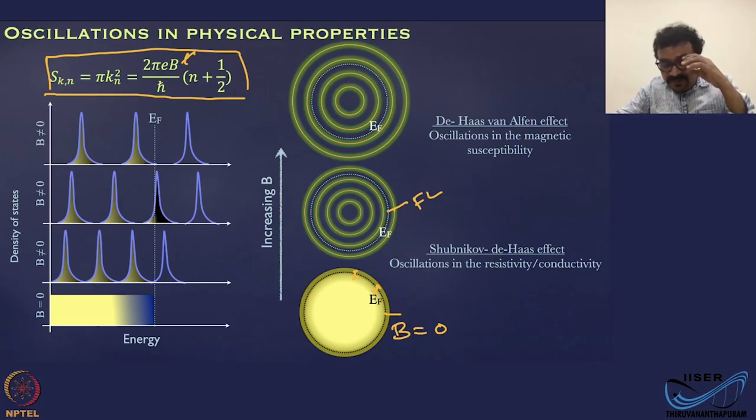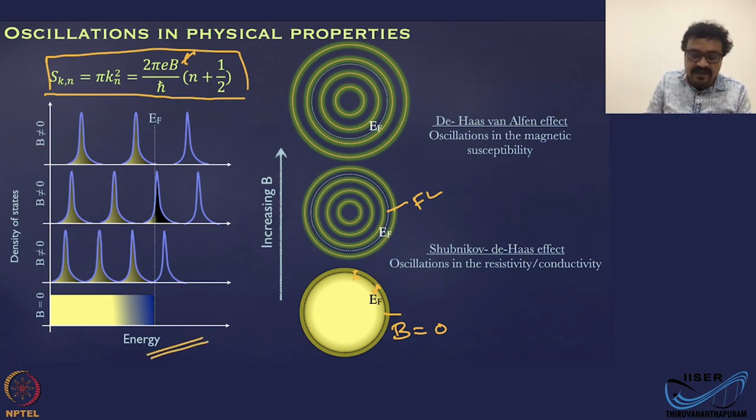So now this is going to create some very interesting situation. I have put the same picture here. So you have B equal to 0, the continuum distribution, and the moment B is not equal to 0, you have these Landau levels.